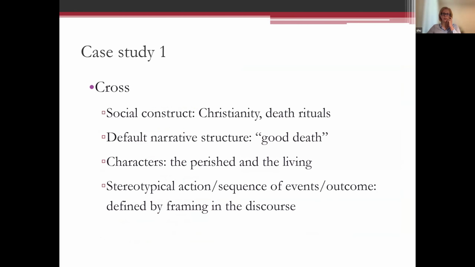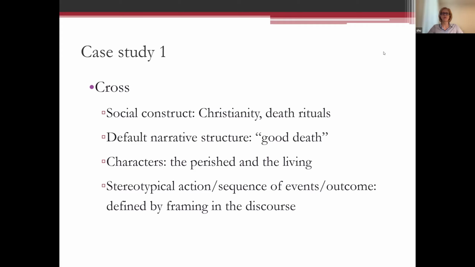If we look at the scenario that is connected with the symbolism of the cross, we notice that it functions as a social construct. It refers or alludes to Christianity and Christian beliefs, but also participates in death rituals related to burials in Ukrainian culture.